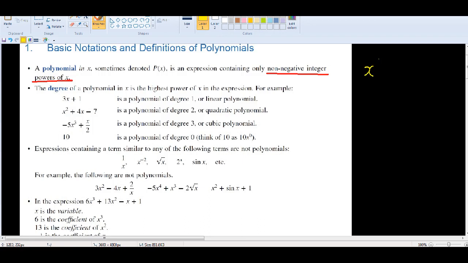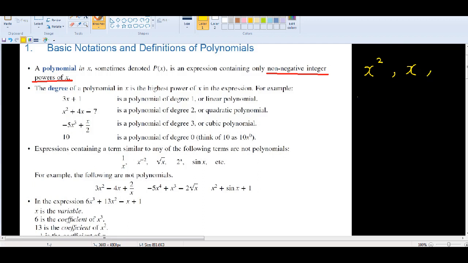For example x squared, the power is 2. Normally for polynomials, the variable is always denoted as x. So x squared is a non-negative integer power of x, or you might see just x. If that's just x, that means the power is 1. These are all elements of a polynomial.